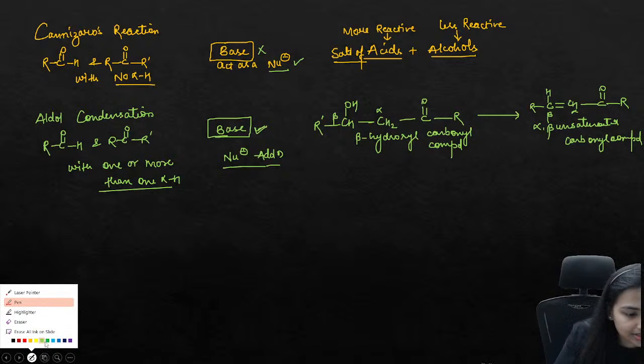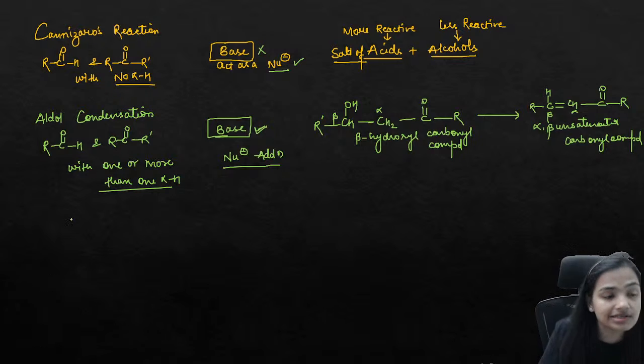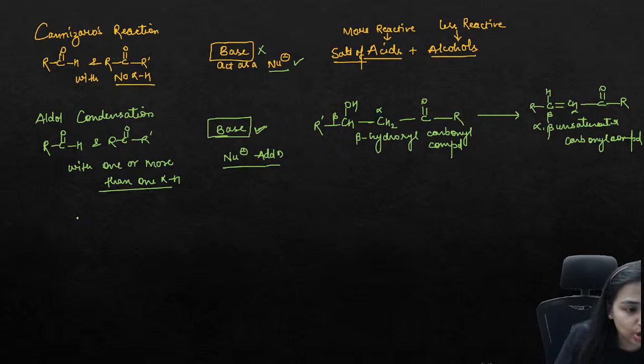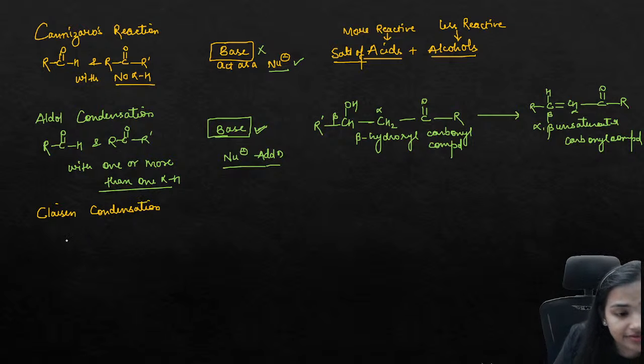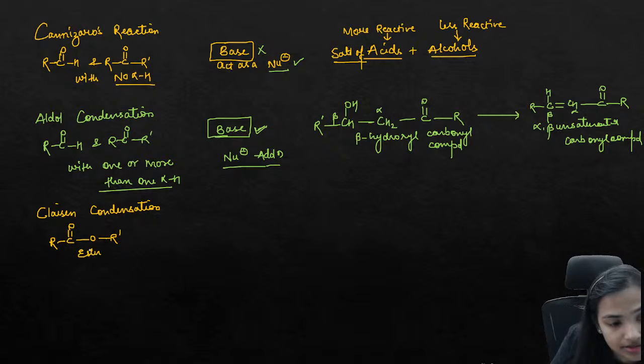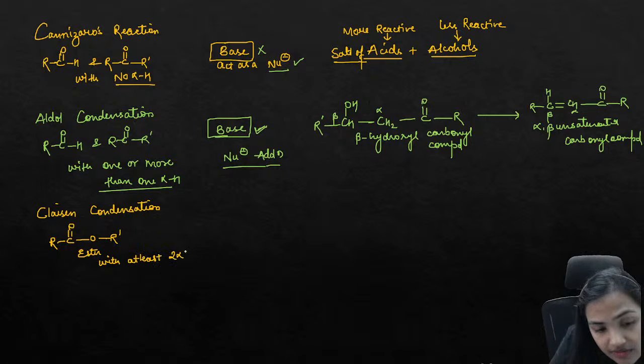Now the third reaction that we have done is the Claisen condensation. For the Claisen, we must have the esters with at least 2 alpha hydrogens.